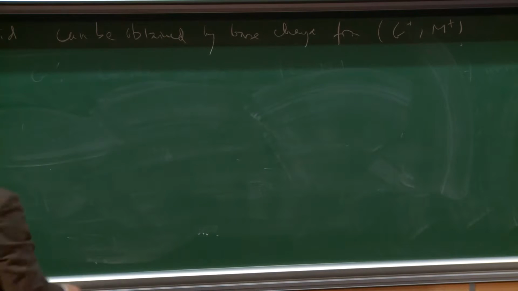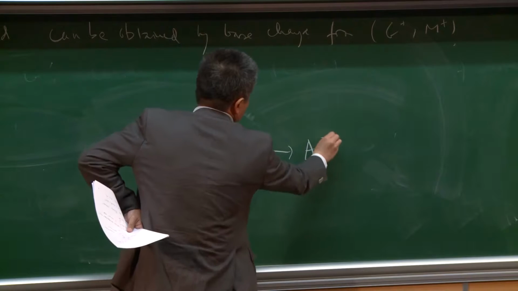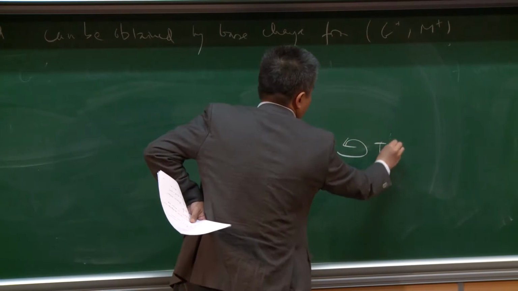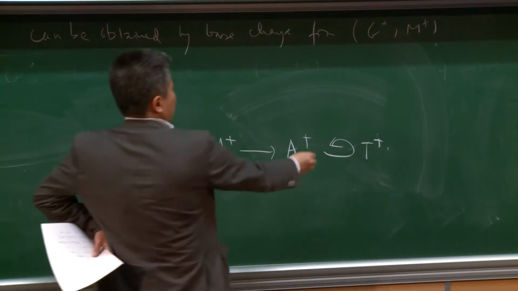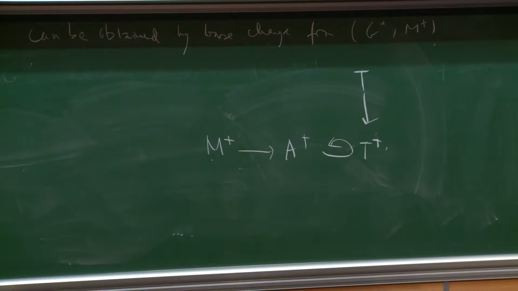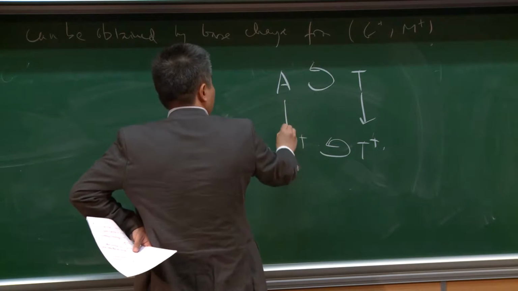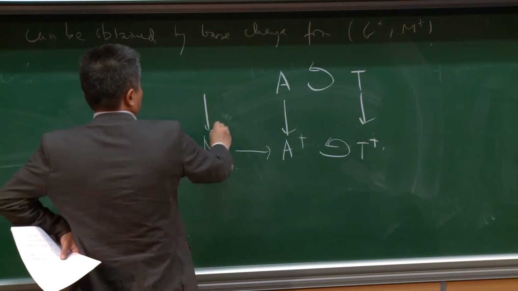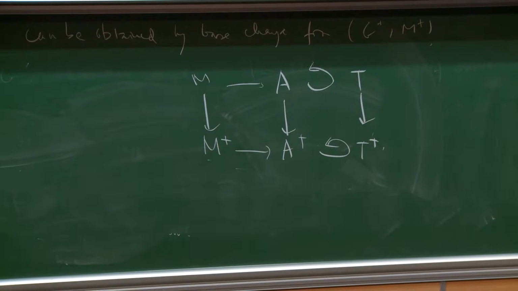So that means you have M plus going to A plus, which is acted on by T plus. And if you want to construct another monoid, you just look at some character, some homomorphism from T to T plus, that can be extended to a morphism of toric varieties from A to A plus, then you base change. And that is the recipe to construct any monoid. Okay.